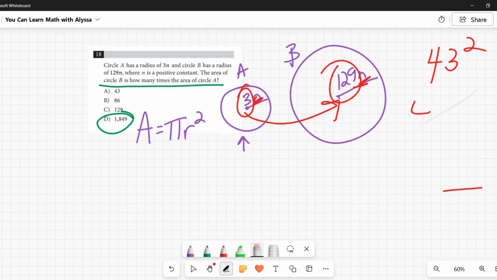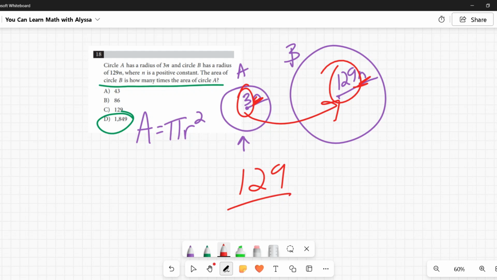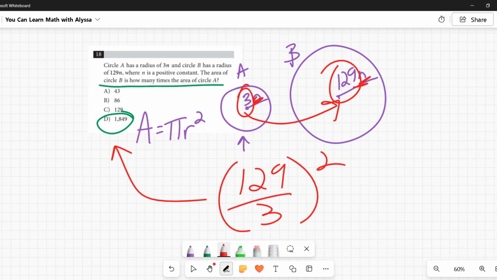You can just do the quick shortcut of saying in your calculator 129 divided by 3, and then you hit squared and you have your answer, which is 1,849. If that makes more sense to you, use that. If you just said, Alyssa, why did you show me that, I don't like it, then don't use it.